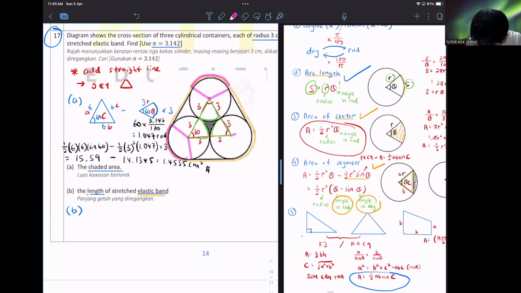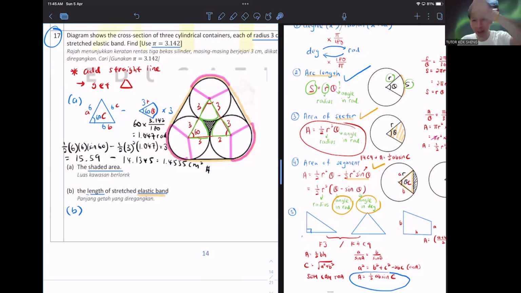Another one, here to here, yep, it's the arc length. So you have three arc lengths and then three straight lines. Okay, good. So this is how you find the length.